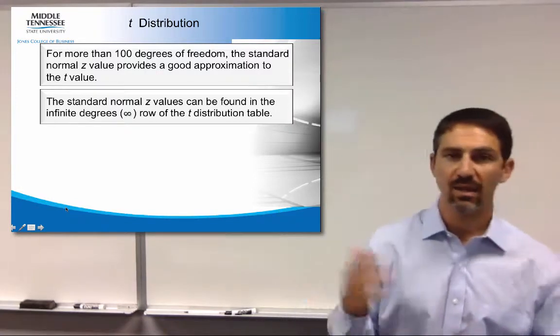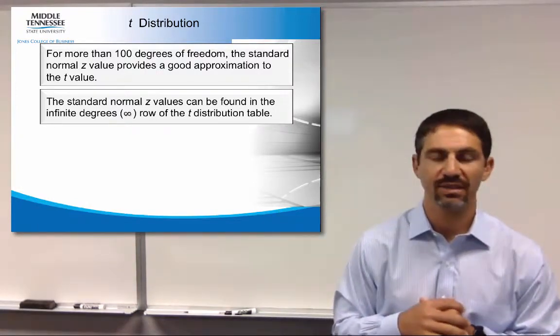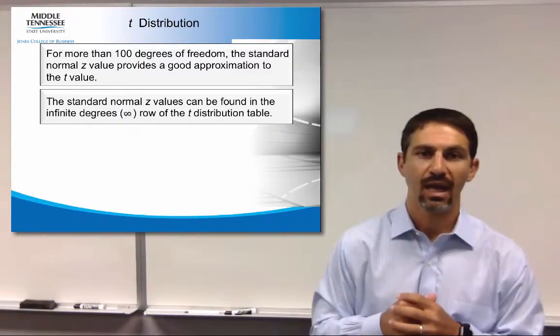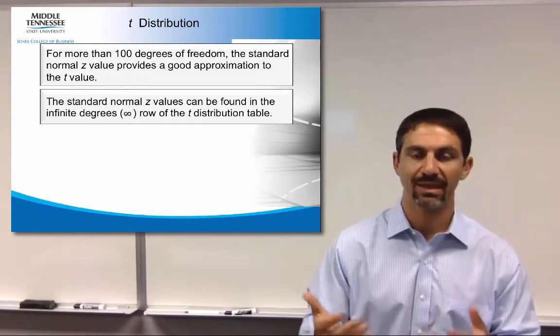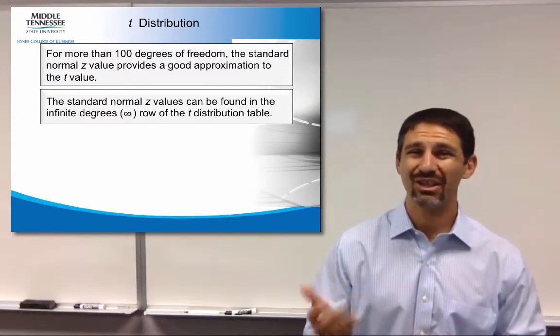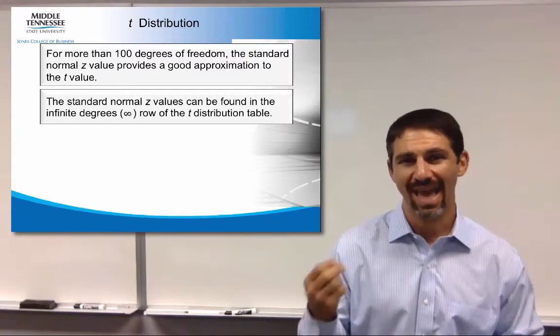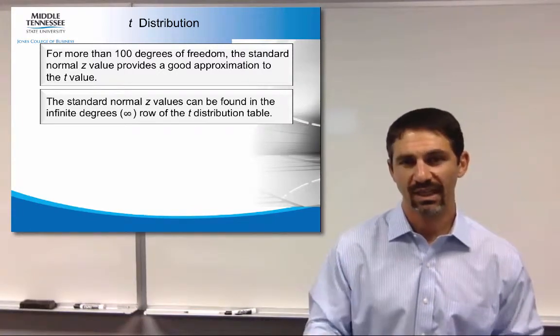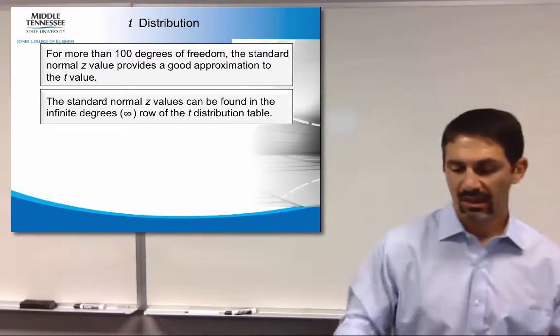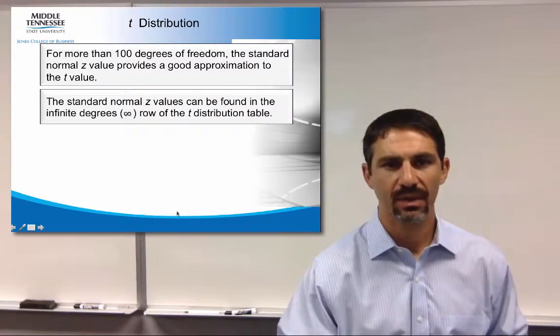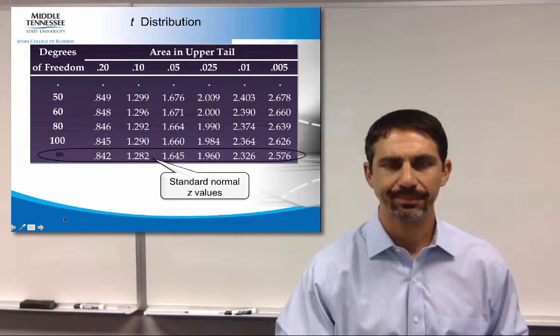So normally, when you have under 100 degrees of freedom, you can assume that you can use t when sigma is not known. But once you get up to about 100, you'll see that the actual value of t is very similar to z. Now let's take a look at what the table looks like.